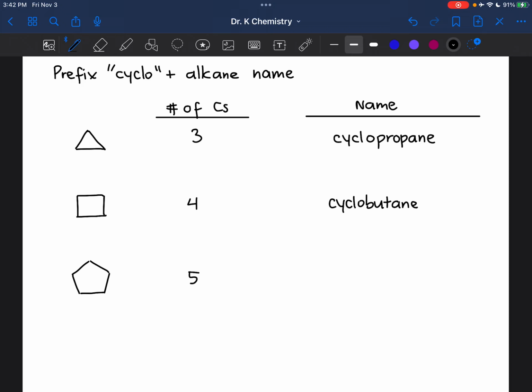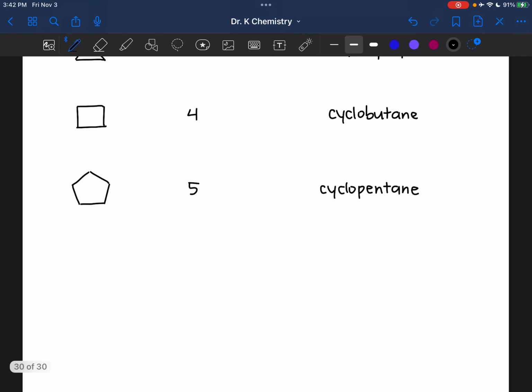This pentagon contains 5 carbons, so I'm going to call it cyclopent for 5, and ane for alkane, so that becomes cyclopentane. Next, we can have 6 carbons, which looks like a hexagon, and I'm going to call that cyclohexane, hex for 6 carbons.